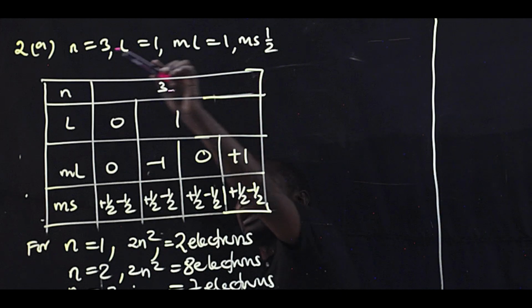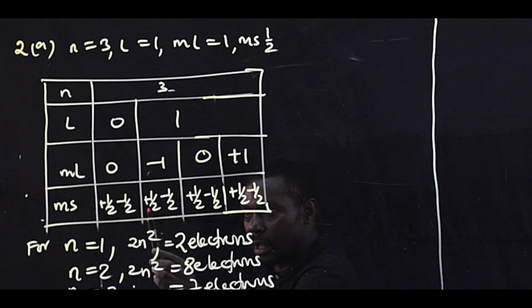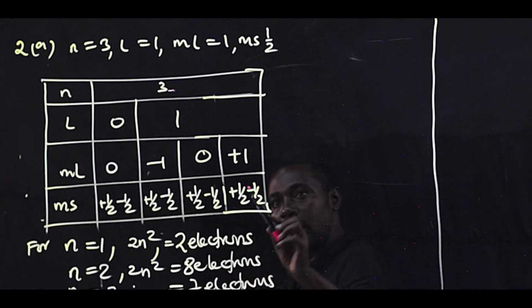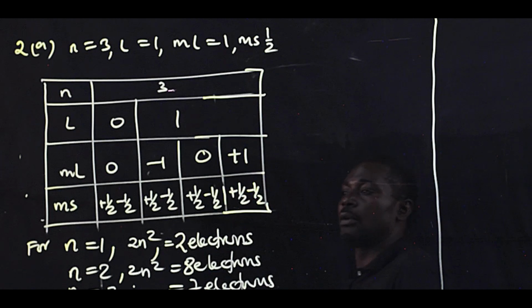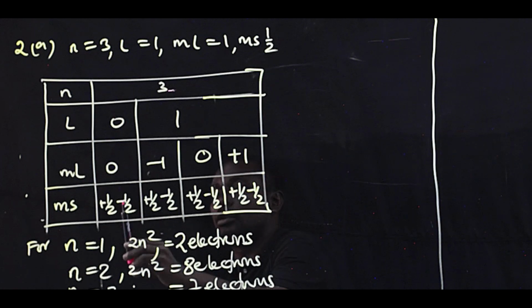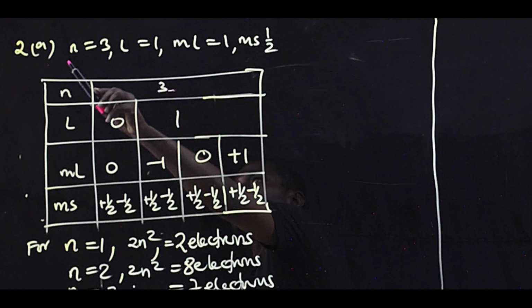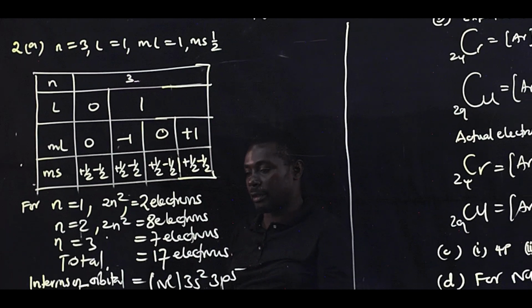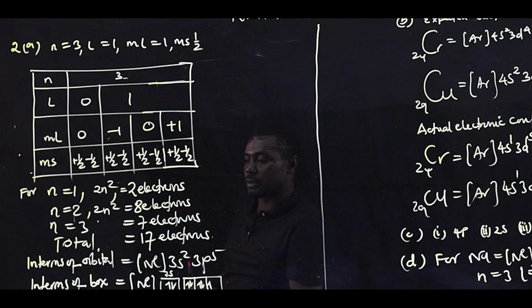So for n is equal to 3, let me count the number of electrons from l is equal to 0 up to l is equal to 1 for the electrons with positive spin. n is equal to 3 has how many electrons? 1, 2, 3, 4, 5, 6, 7. So for the last shell, n is equal to 3, the total number of electrons in shell number 3 is only 7.